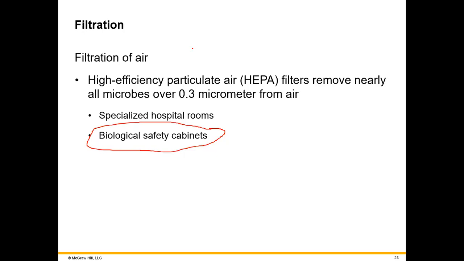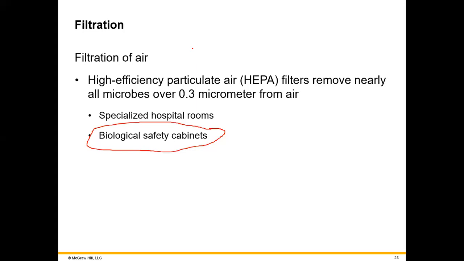There are two things. One is that typically there is a cover made of either hardened plastic, plexiglass, or actual glass. The door is lowered to shield the person that's working there, and also to minimize the loss of the air from the hood as it is being pushed in from the outside.